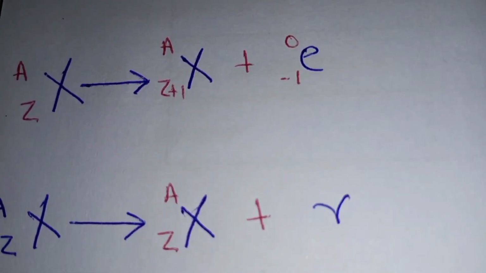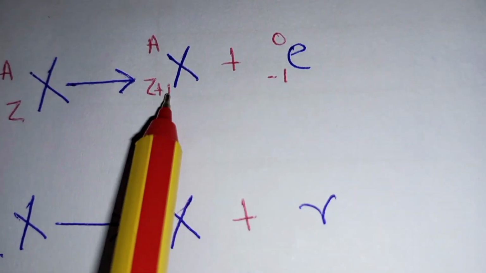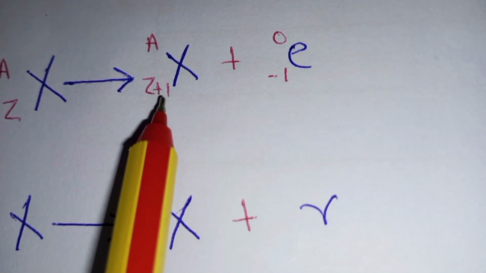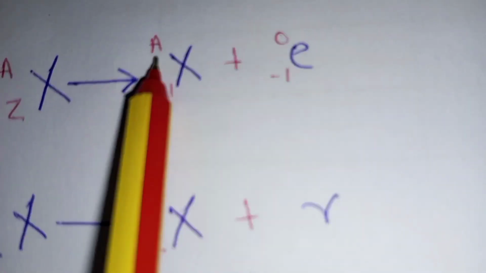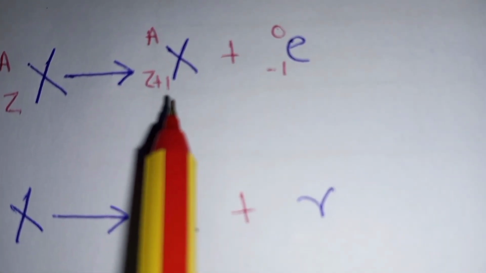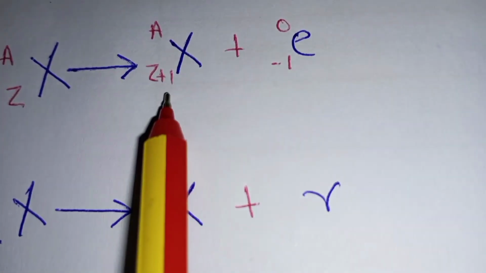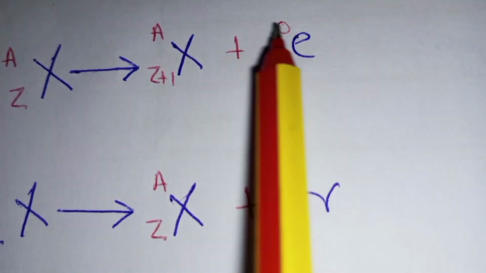So that is what happens whenever a nuclide decays by the release of beta particle. And this nuclear equation is balanced because you have A plus 0 is A, and Z plus 1 minus 1 is Z.